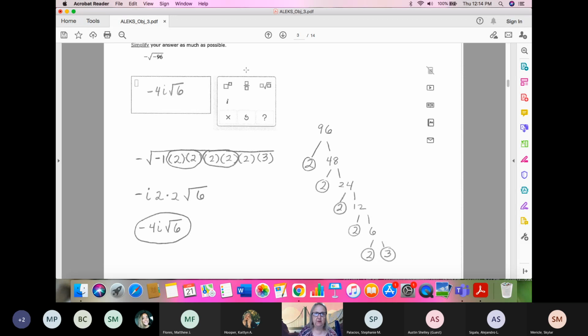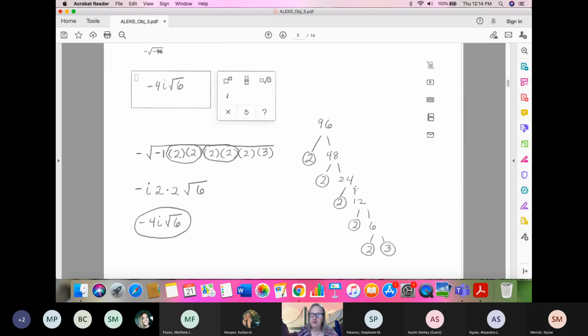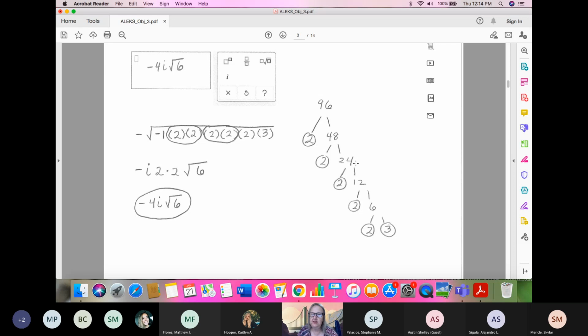We've done factor trees before in the class, so that makes a lot of sense. So this 96 is even. You can take 96 divided by 2, you will get 48. 48 is even. You can divide it by 2 and get 24. 24 is even, so you can divide it by 2 and get 12. 12 is even, so you can divide 12 by 2 and get 6. 6 is even, so you can divide 6 by 2 and get 3.